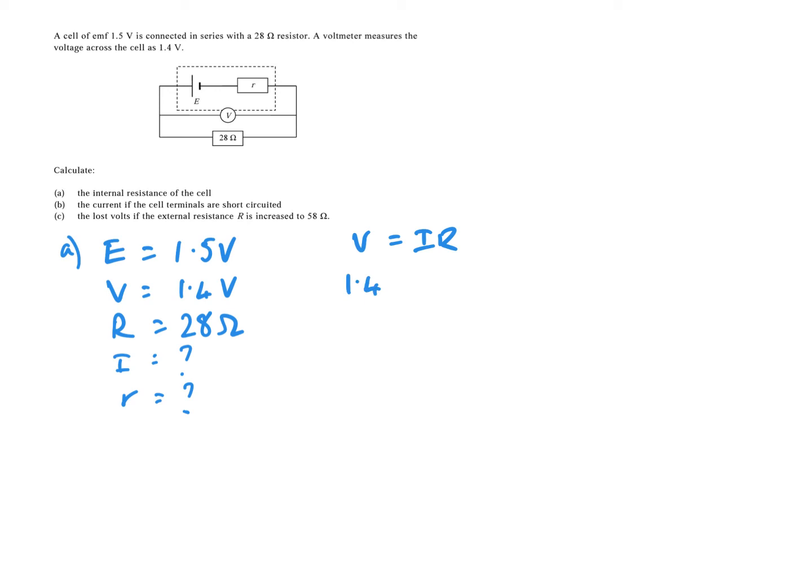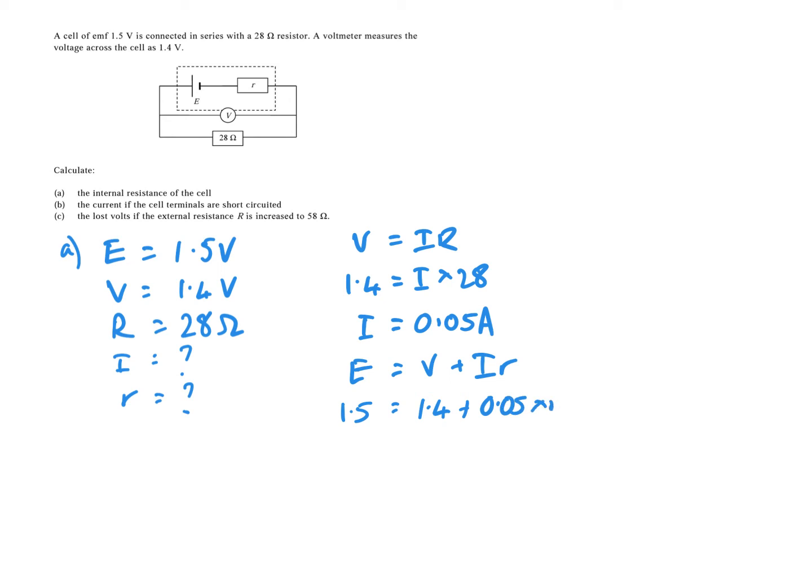So 1.4 equals I times 28, and rearranging that gives me I is 0.05 amps, and then once I've got that, I can plug it in to the formula given in the formula sheet. So 1.5 equals 1.4 plus 0.05 times small r. And rearranging that gives me small r is 2 ohms.